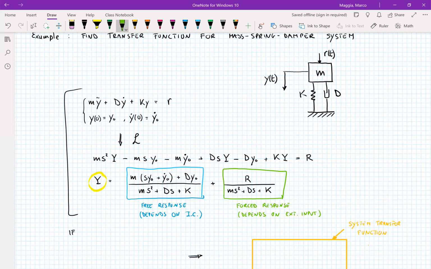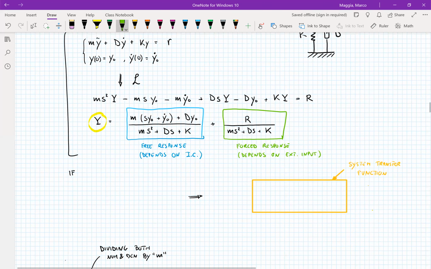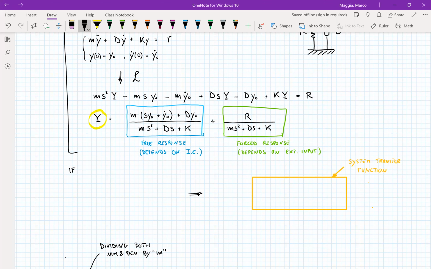The transfer function is defined as the ratio between the output over the input when the initial conditions are equal to 0. So if the initial conditions are 0, that means that y naught is equal to y naught prime equal to 0. Therefore, the output reduces to the forced response.